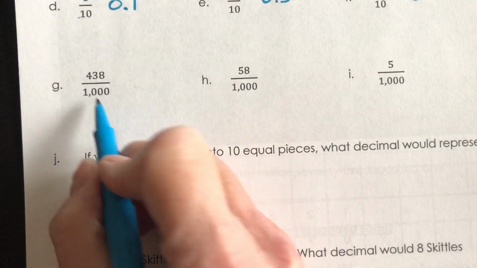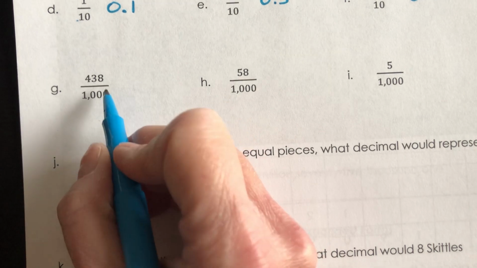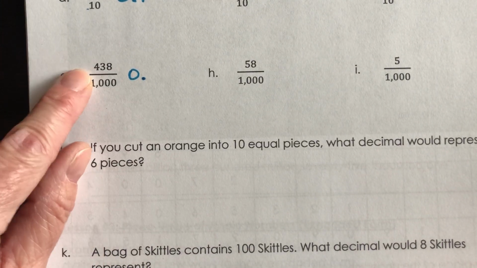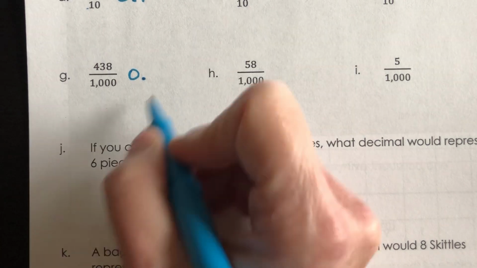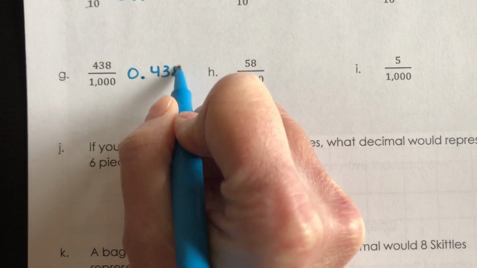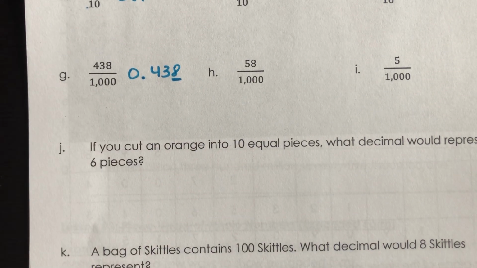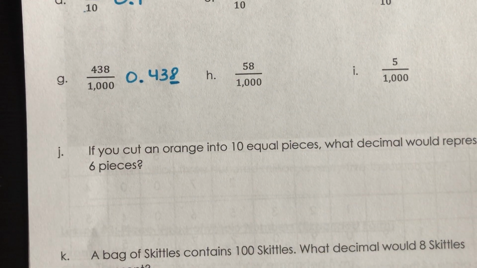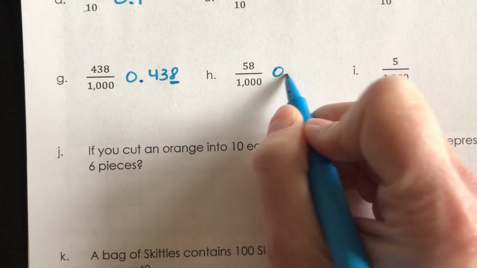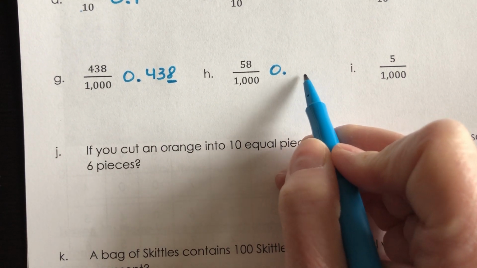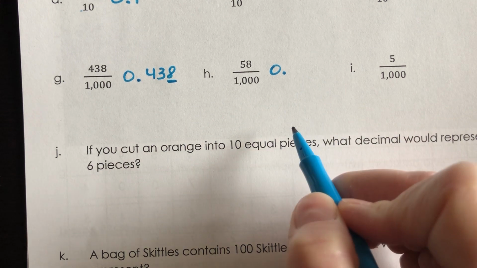All right, the next set, I have thousandths here. So if you have 438 thousandths, I'm gonna put a 0 in the ones place because I don't have any whole numbers. And I just need to make sure that the 8 in 438 is in the thousandths place, and it is. If you have 58 thousandths, I can't just write a 5 and an 8 here. If I did, that 8 would be in the hundredths place.